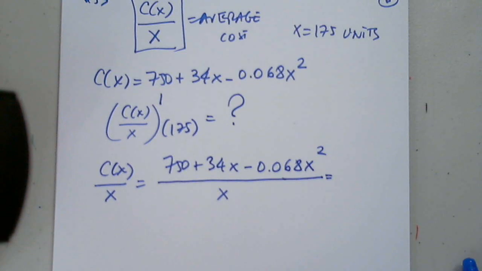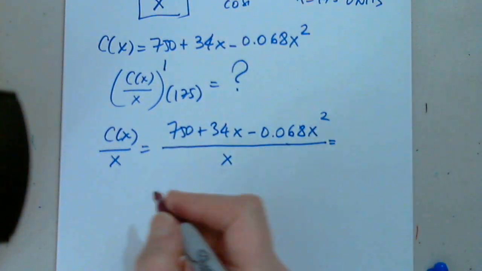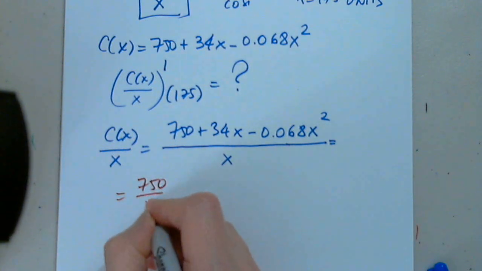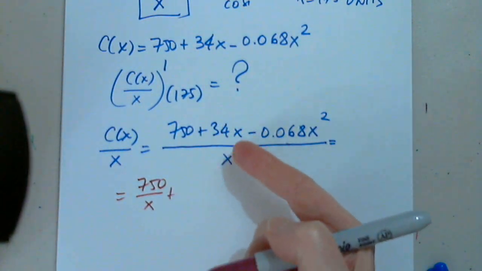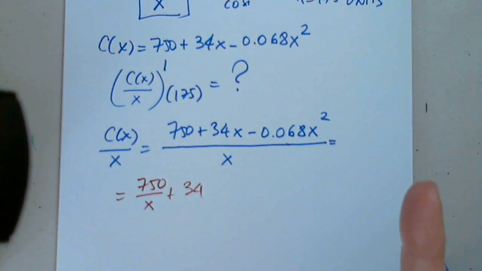What do you think? You separate the numerator. Brilliant. So in how many fractions? 3. Exactly. So the first fraction will be 750 over X plus, can anyone give us the second fraction? 34X over X. Right.